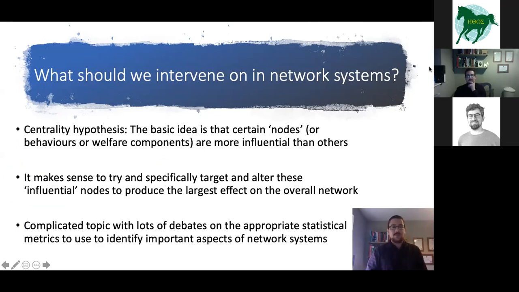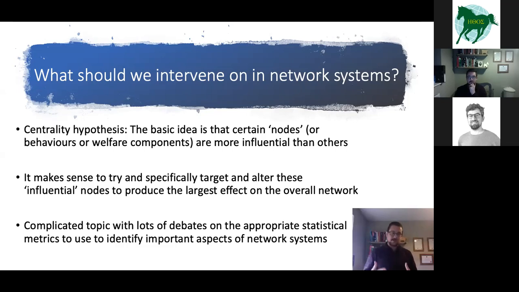With this idea of interventions in mind, that raises the question of what we should intervene on, or how we select what we intervene on. One idea in the human literature has been dubbed the centrality hypothesis. The basic idea is that certain nodes, and I'll come on to terminology in a second, but nodes are basically the things we measure, have more influence than other things we measure.